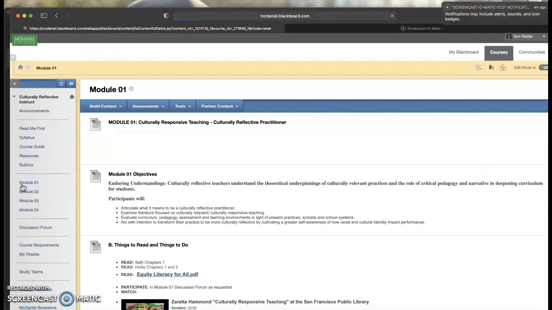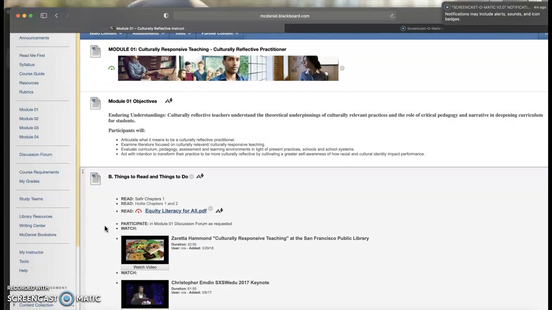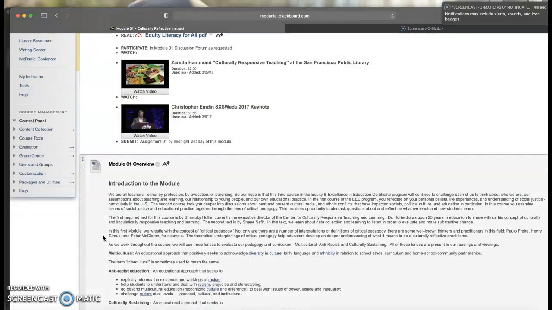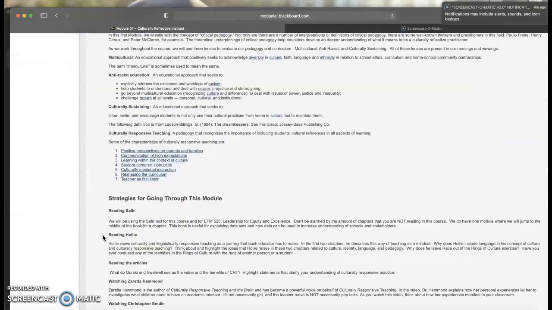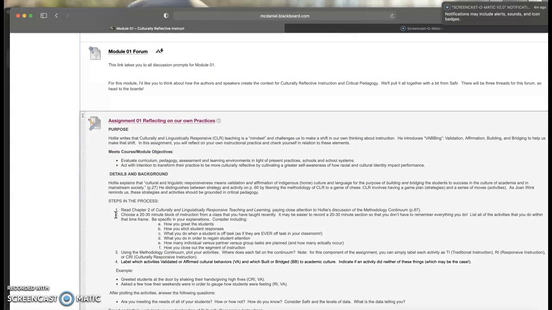Each module also has its own page. So in Module 1, again, we get the objectives for the module, what you need to read or watch, a description of the module and how to best move through it, a link to the module forum, and then the assignment. Remember, to turn in the assignment, just click the link and it'll allow you to turn in the assignment that way.